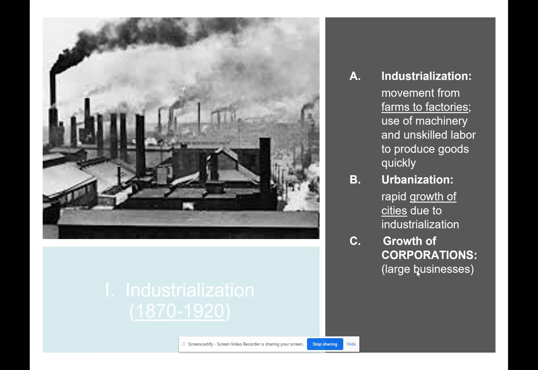But up until the industrial period, that was not the case. Most businesses were small farms or family-owned companies. They were not these massive multi-state corporations. So we want to talk about how that transition occurred and what are the benefits and drawbacks of that kind of transition.